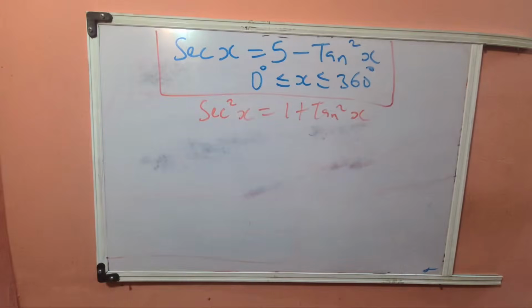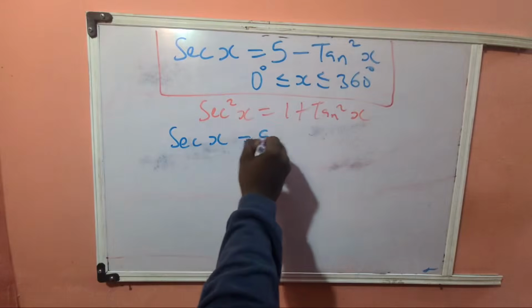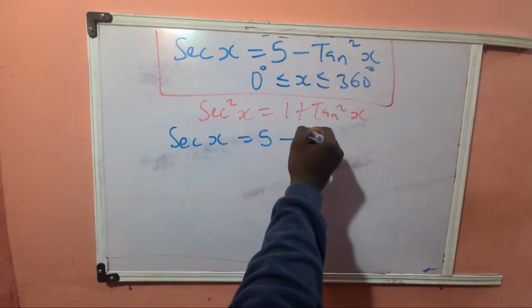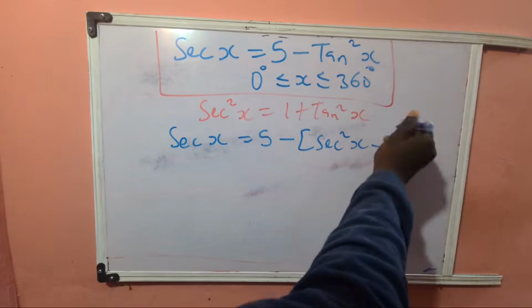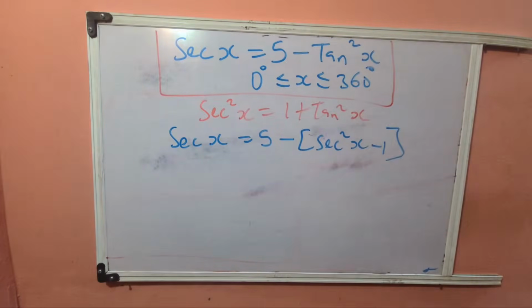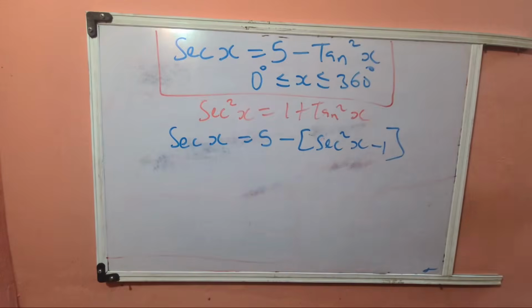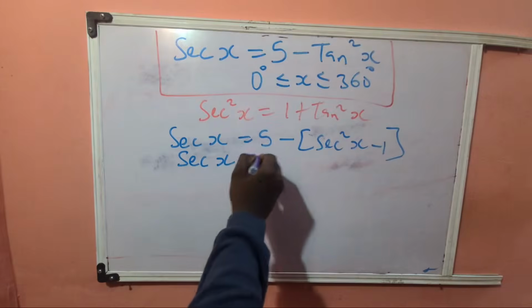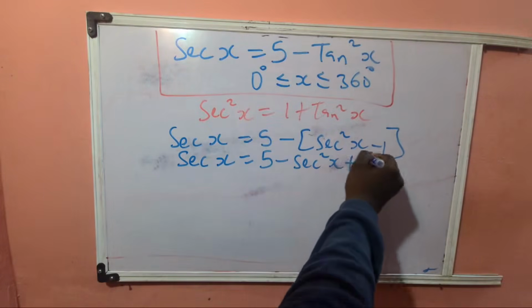So what do we do? I have sec x equals 5 minus, now my tan square x will be equal to sec square x minus 1. So you can see that from here, I can make tan square x the subject of formula, and this is what I will be getting. So from here, sec x will be equal to 5 minus sec square x plus 1.